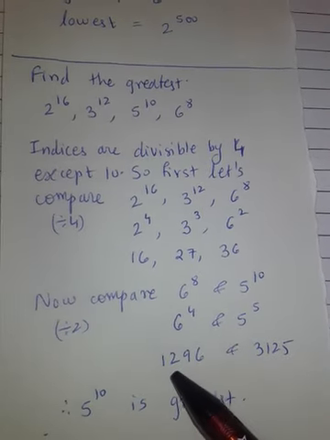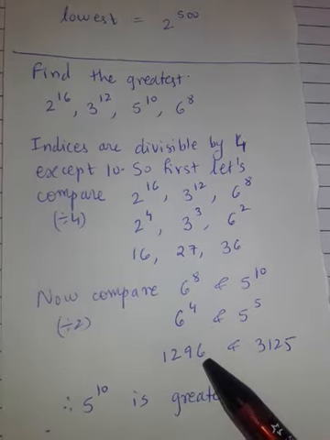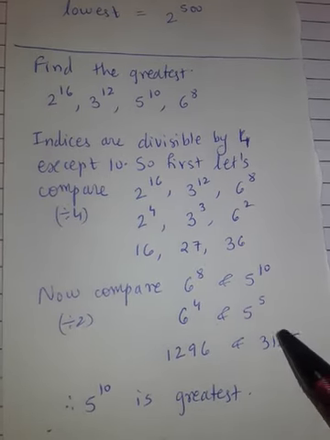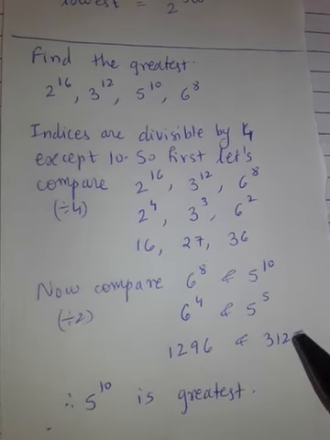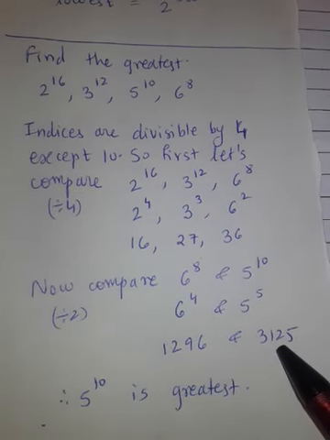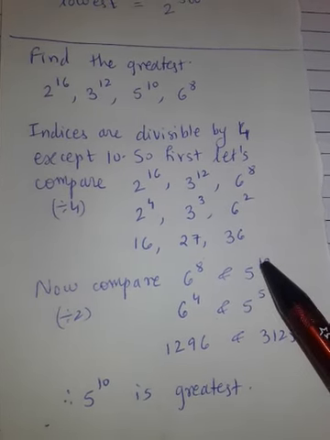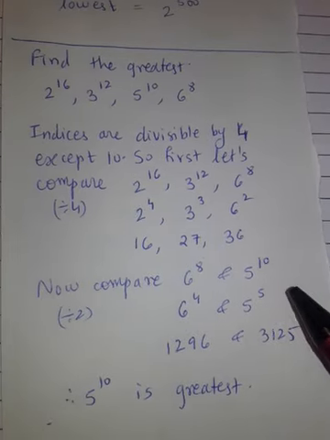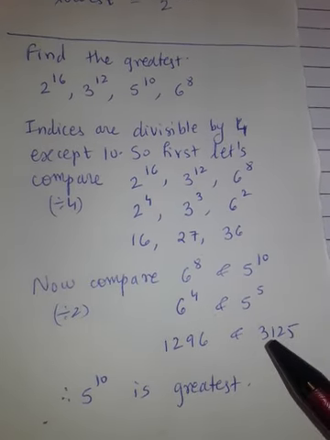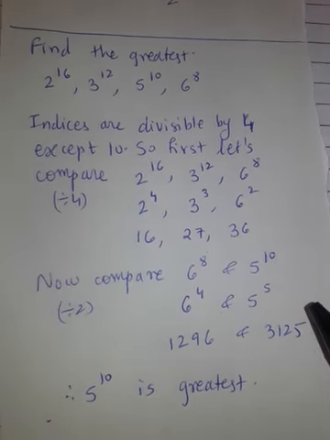So now we have two values, 1296 and 3125. Which one of them is greatest? 3125 is greatest, which pertains to this number. Again, 5 raised to 10 and 3125 are not equal.